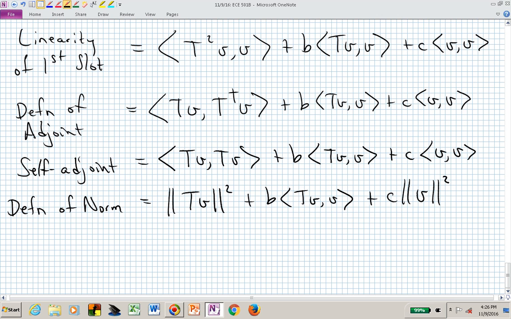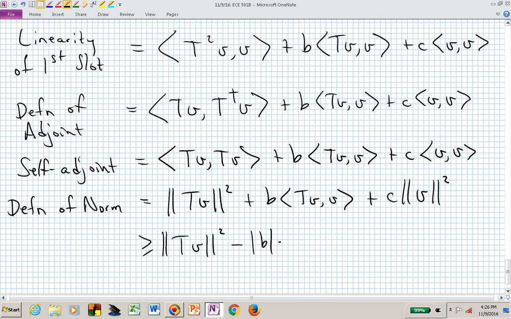Now we need to lower bound that expression that involves the inner product. Meaning we can now say that that's greater than or equal to the norm of TV squared, minus the absolute value of B. Since we're bounding things, we need to take the norm of B, but B is real, so that's just taking away the negative sign if it was negative.